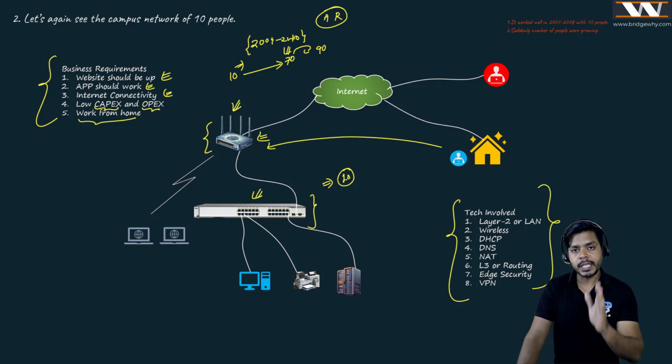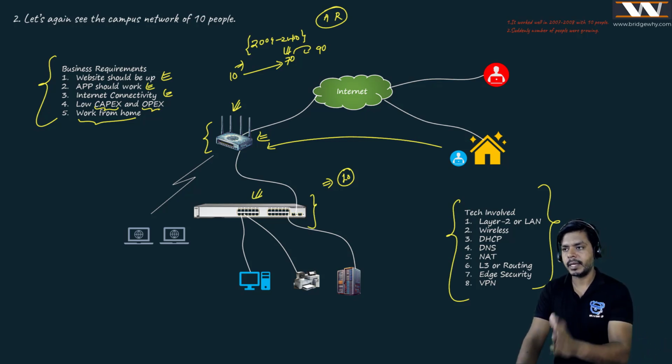Believe me, as we go from 10 people to 100 people, business requirements are going to change. When we move from 100 people to 2000 people, there are going to be some more requirements. And when we reach 2024, there are going to be many more requirements. That is why the technology is evolving. We started from VLAN, then STP came.